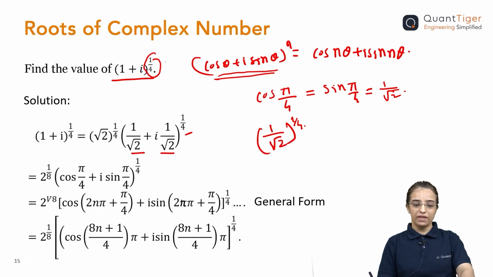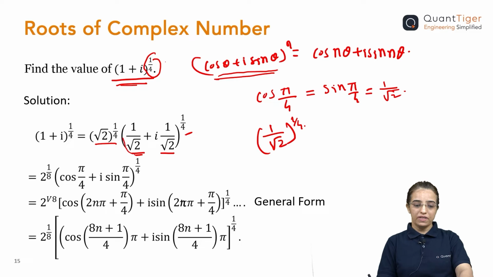Since we have replaced 1 with 1/√2, we also have to multiply by √2 raised to 1/4. We do this so that we can convert it into the form cos theta plus i sin theta.